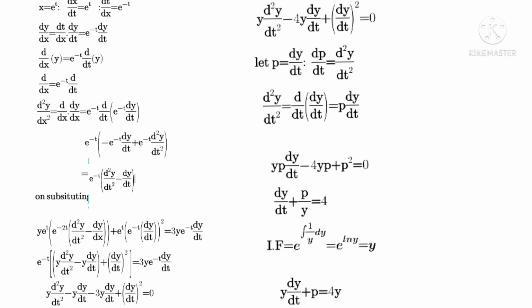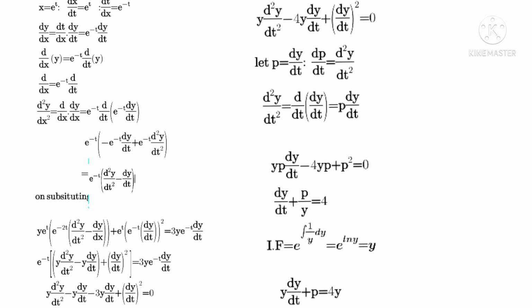Alright, so since our dy/dx is now e raised to power minus t dy/dt, therefore d squared y over dx squared as well will have it as d/dx times dy/dx. But what's d/dx? You can see we deduce our d/dx to be e raised to power minus t d/dt. Then our dy/dx is already given as e raised to power minus t dy/dt.